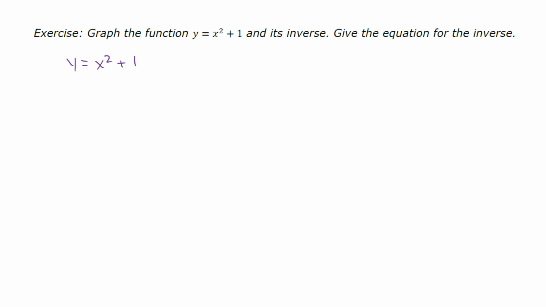So we'll interchange the x and y. Then we will solve for y. So we want to isolate y by itself. Then I'll need to take the square root of both sides.